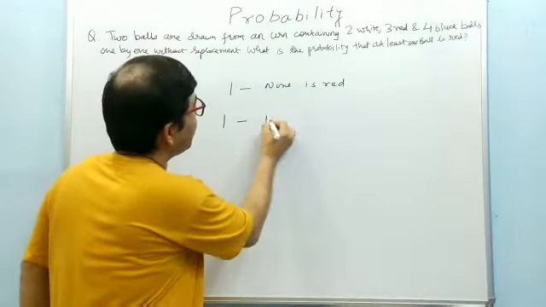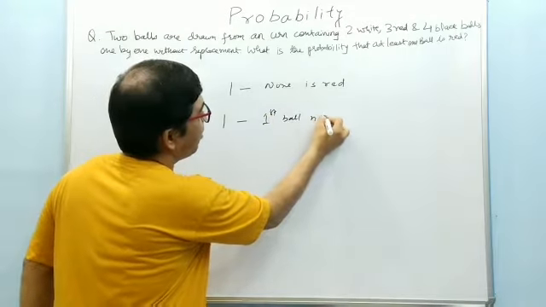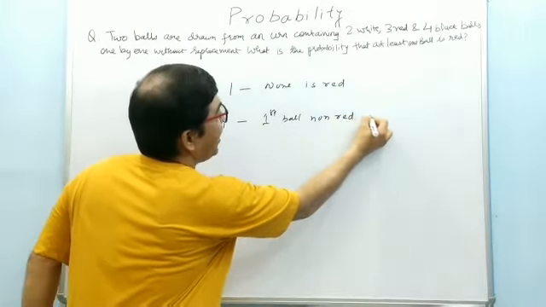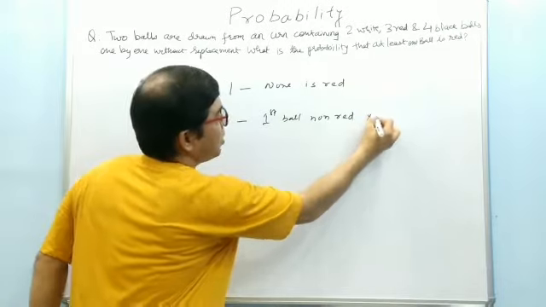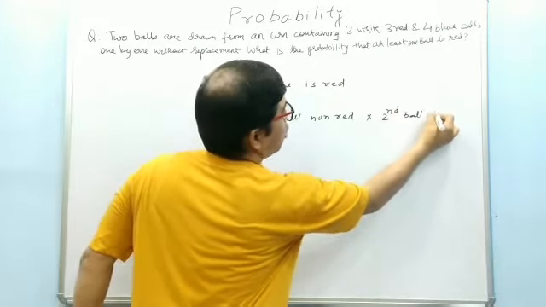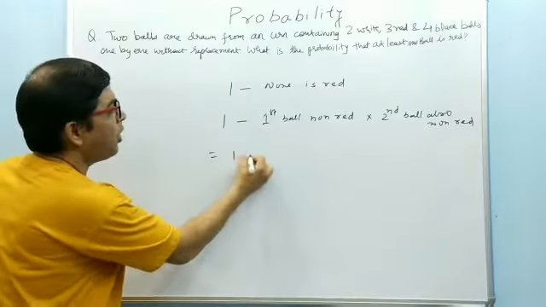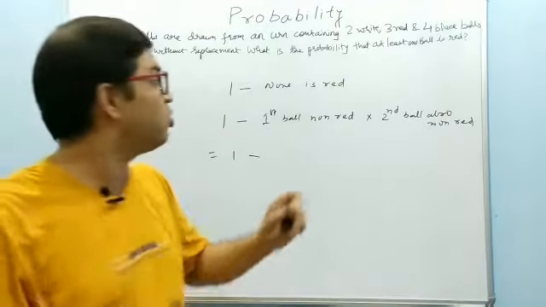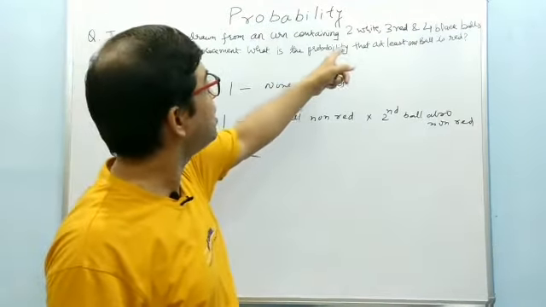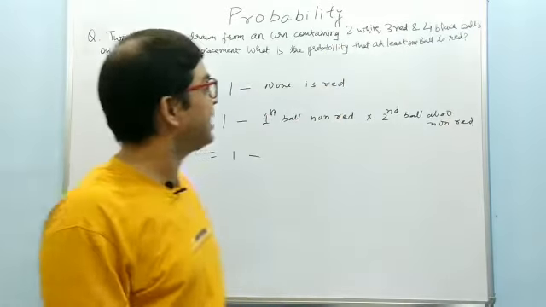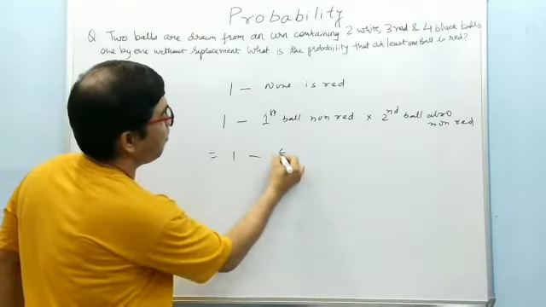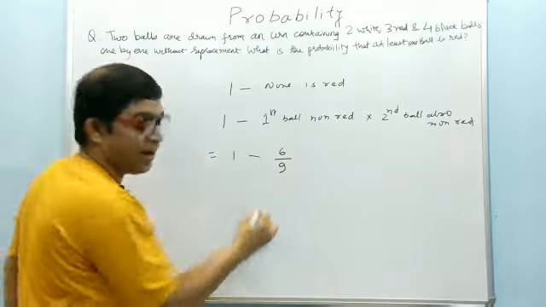We will write first ball non-red into second ball also non-red. So now just see, how can I draw a ball which is non-red? Non-red balls are 2 plus 4, 6. 6 by total 9.